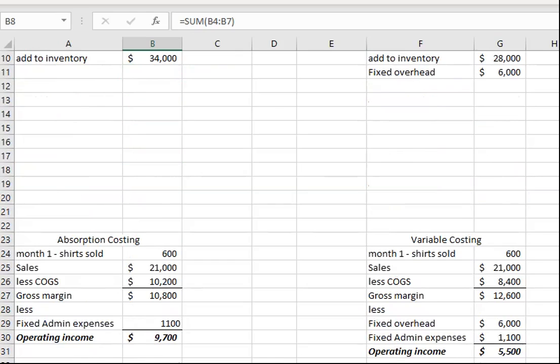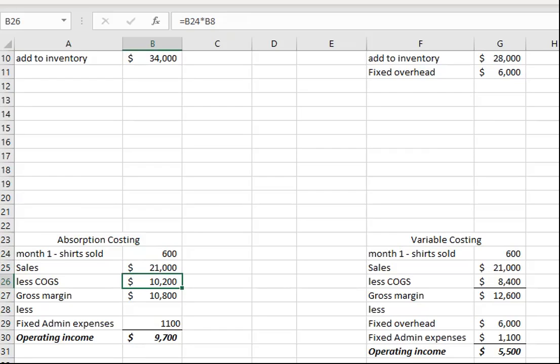The first month, we are going to sell 600 shirts. Under both methods, the 600 shirts are going to sell at $35, which would be total sales of $21,000. But under the absorption costing method, the cost of goods sold would be $10,200, which is the 600 shirts at $17 a piece.